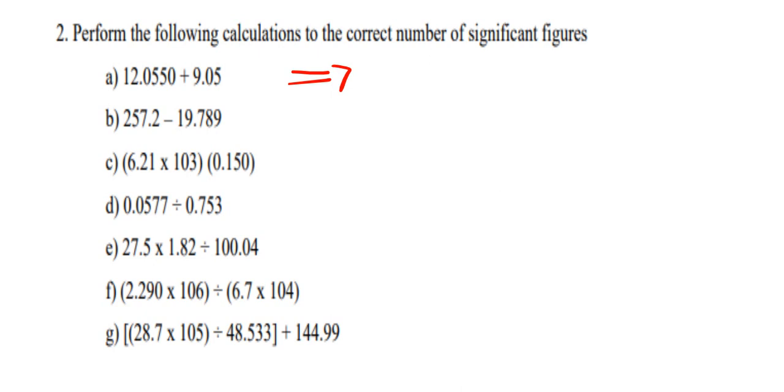Okay, so I'm going to use a calculator for these ones. So I'm getting 21.11. Okay, 2 significant figures, because I'm only concentrating on the one with the least significant number of figures.